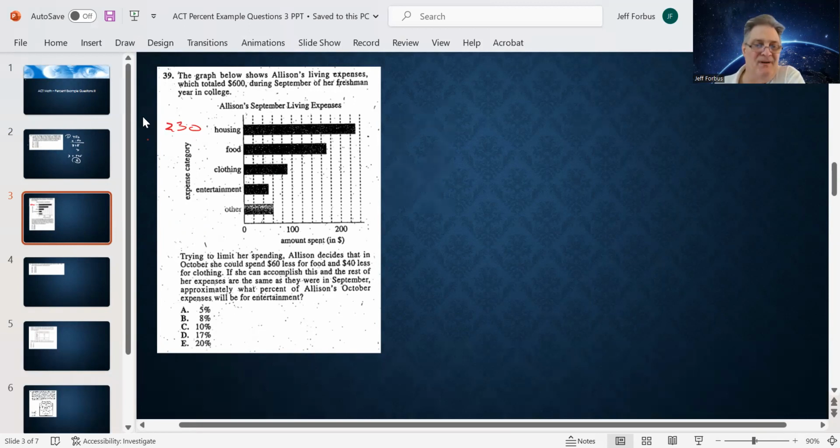Food's going to be 170. Clothing is going to be right at 90. Entertainment looks like 50. And other, 20, 40, 60, is 60.